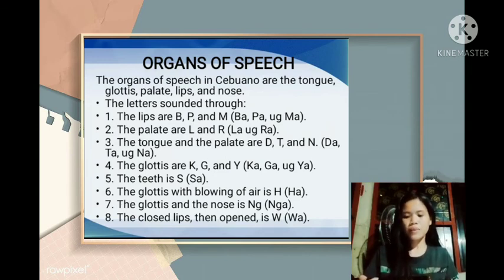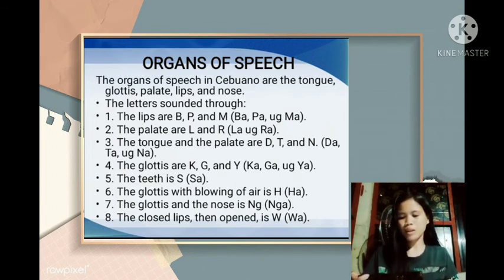The tongue and the palate are D, T, and N: Da, Ta, and Na. The glottis are K, G, and Y: Ka, Ga, and Ya. The teeth is S: Sa.